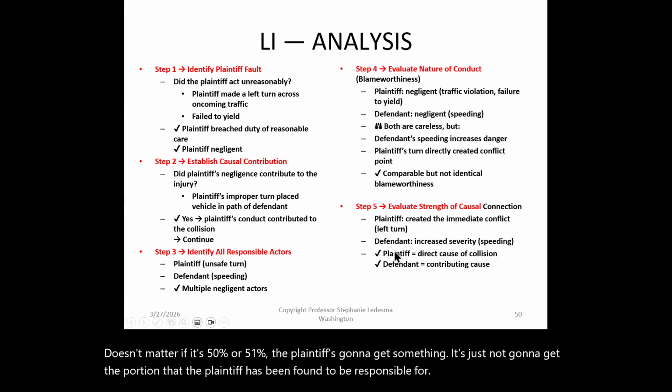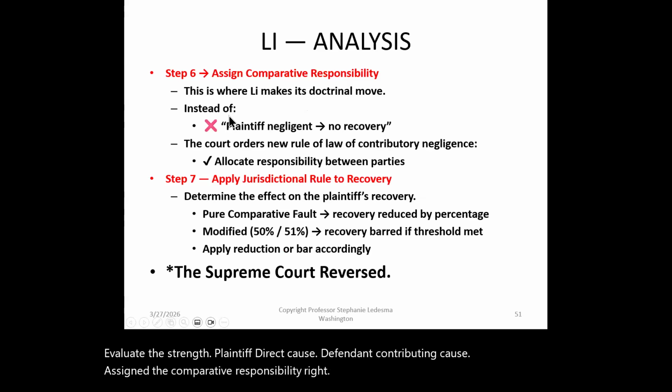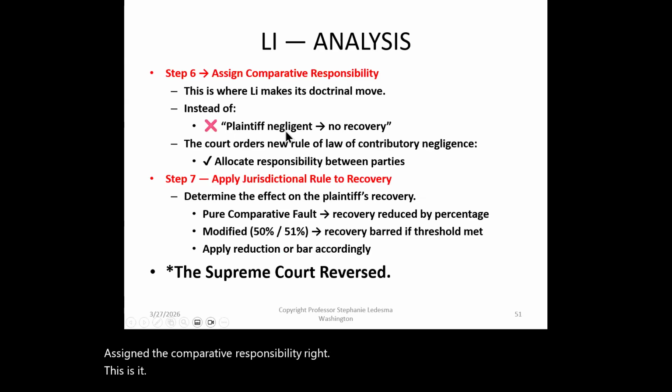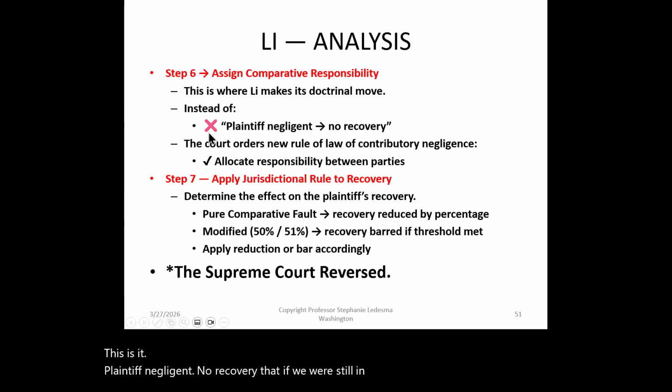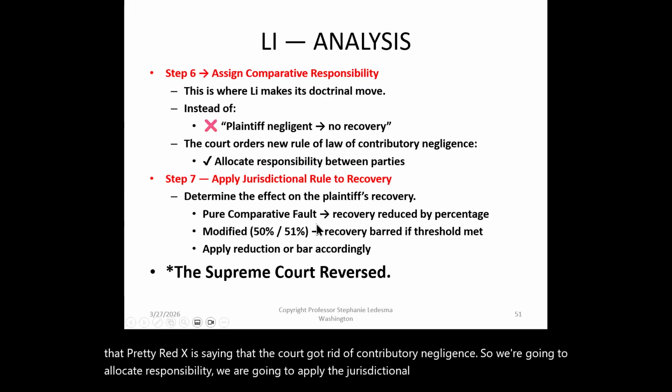Evaluate the strength: plaintiff direct cause, defendant contributing cause, assign the comparative responsibility. This is it. Plaintiff negligent, no recovery. That's if we were still in contributory negligence, but we know the court got rid of contributory negligence. So we're going to allocate responsibility and apply the jurisdictional rule, which is pure comparative fault.